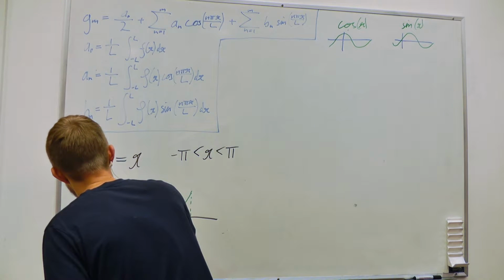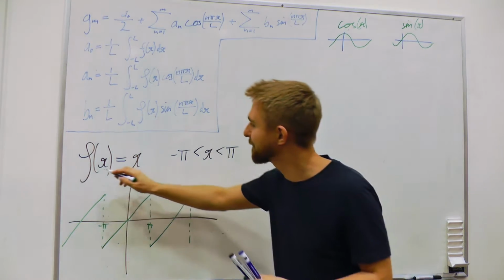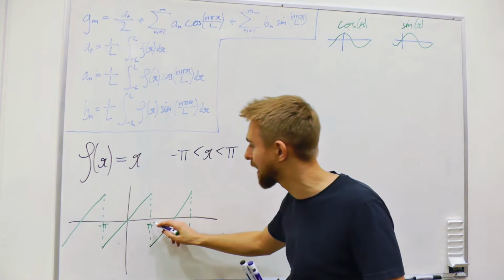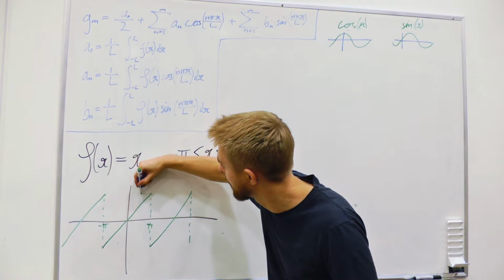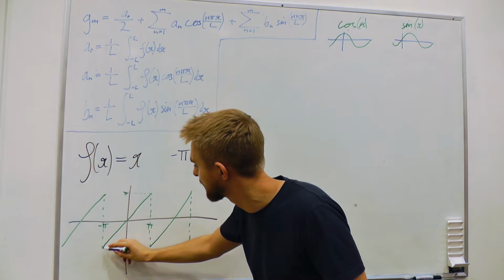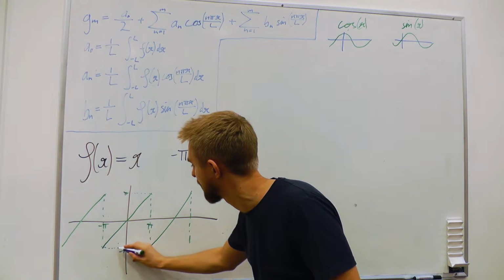And of course back here as well. Right? Now, if this is the function f of x equals x, if x equals pi, then clearly f of x must equal pi as well. So this is going to be pi, and this down here is going to be minus pi.